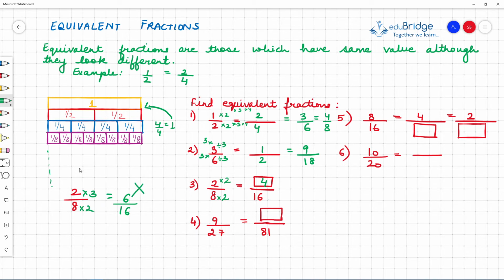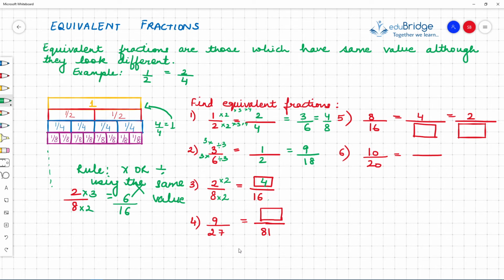The rule is that you need to multiply or divide using the same number. So if you are multiplying by 2, both of them have to be 2. If you're multiplying by 3, both of them have to be 3. If you're dividing them, again, they have to be by the same number.